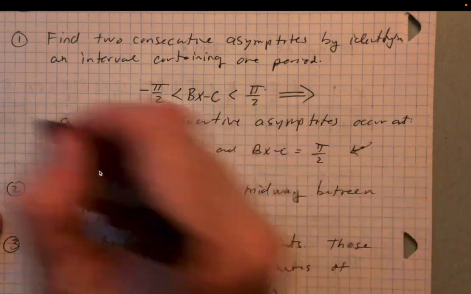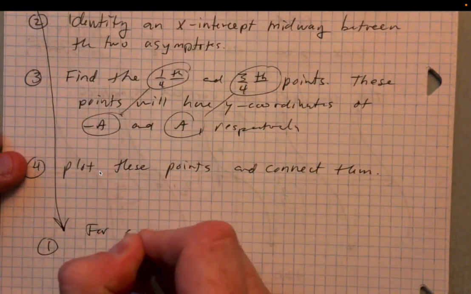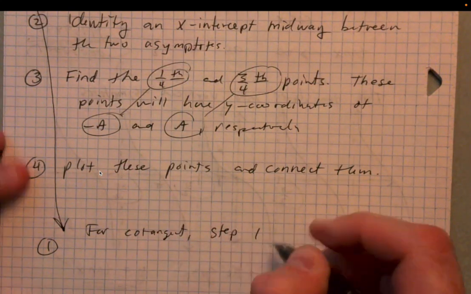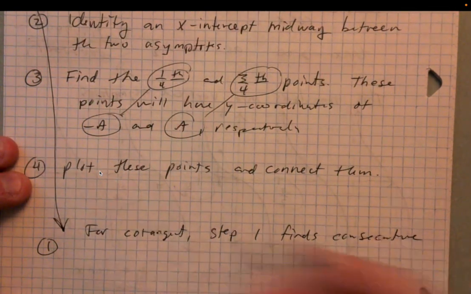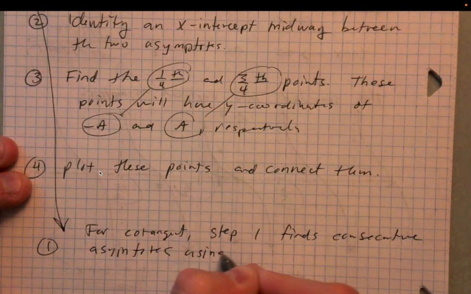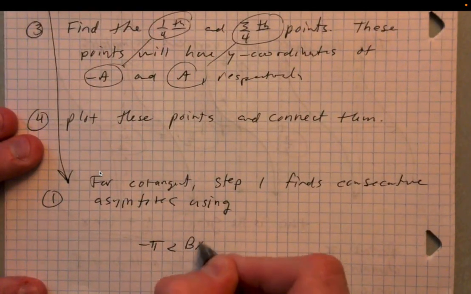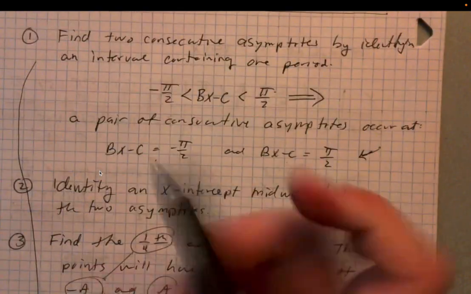So for cotangent, step 1 finds consecutive asymptotes using negative pi is less than bx minus c, which is less than pi. That's the only difference. Otherwise, it's exactly the same technique here.